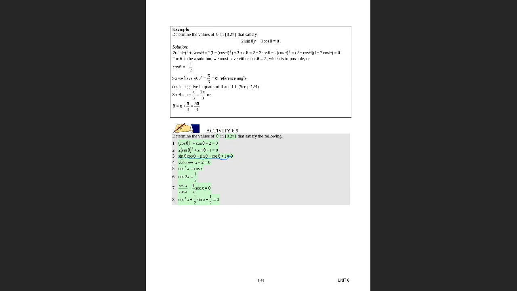How do we factorize out? We factorize sine and minus 1. How? How do you do that?